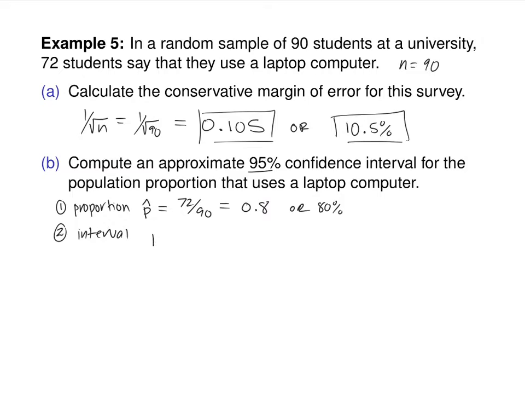Your interval is your proportion plus or minus this 1 over root n thingamajig. So on the lower end is 80% minus 10.5%. On the upper end, it's 80% plus 10.5%. Do you see what I mean by that? So what's the lower bound there? 69.5.